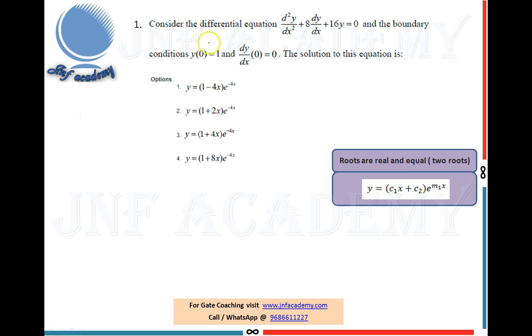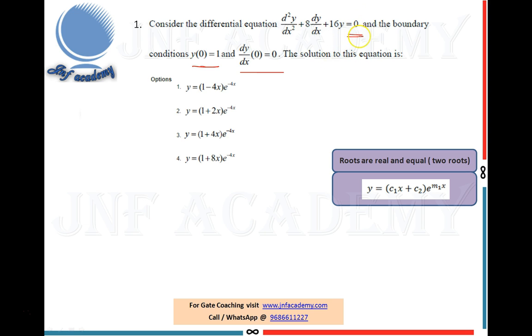The problem is: consider the differential equation. One differential equation is given and the boundary conditions are also given, y of 0 equal to 1 and y dash of 0 equal to 0. The given equation is a second order ordinary differential equation with constant coefficients, and it is also homogeneous because the right hand side is 0.